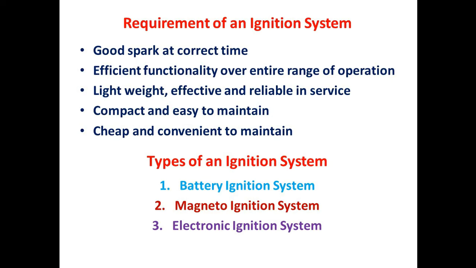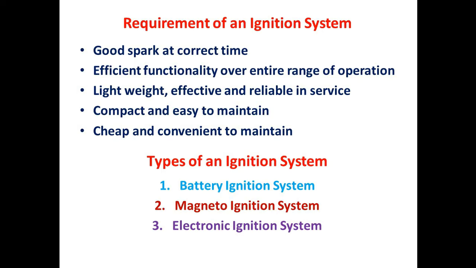Basically, we are identifying the characteristics of an effective ignition system. The very first one: it must provide a sufficient spark between the two electrodes of the spark plug at the correct time in every cycle of the engine. Secondly, it must work very efficiently for different load as well as different speed conditions of the engine.